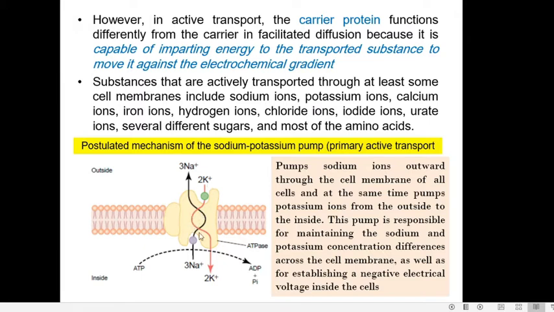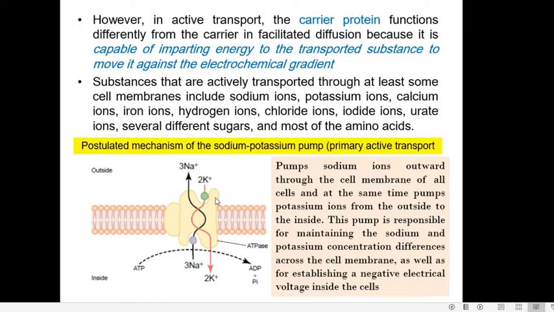The sodium potassium pump works in such a way that it will forcibly pump 3 sodium ions out of the cell to the cell exterior, and it will pump 2 K plus ions, or 2 potassium ions, from the cell exterior to the cytoplasm. So, it will pump sodium ions outward through the cell membrane, and it pumps 2 potassium ions from the outside to the inside.